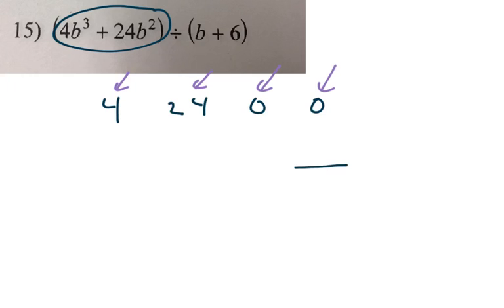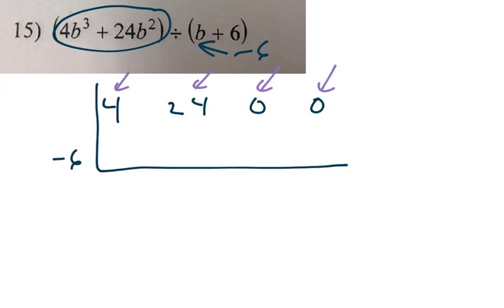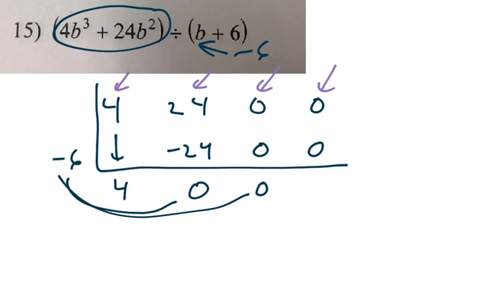So now let's make our hockey stick. -6 makes it 0 again. So that's what I'm going to synthetically divide by. I'm going to bring down my 4. When I multiply there, I get -24. I get a 0. When I multiply with 0, I get a 0. So what we figured out is we got a 0 remainder, right?